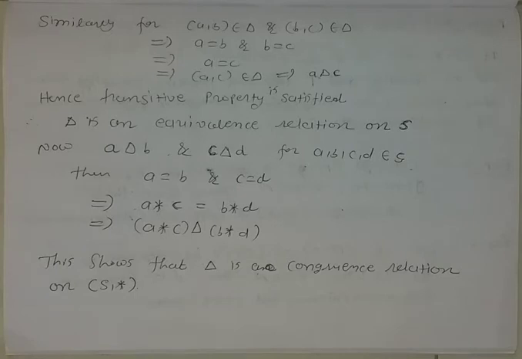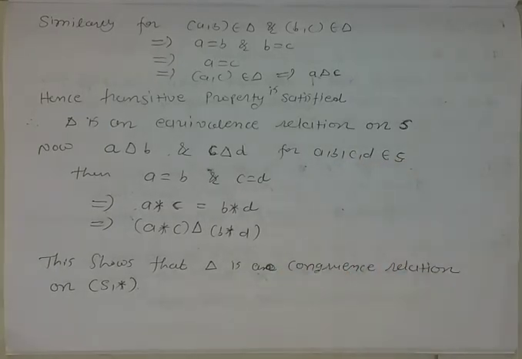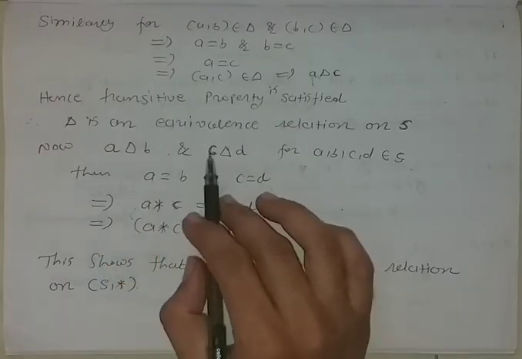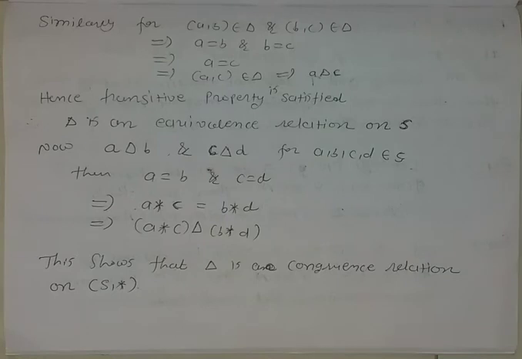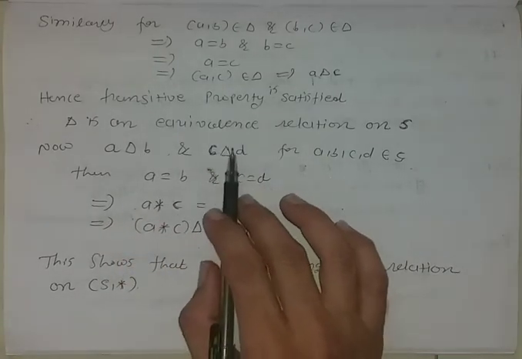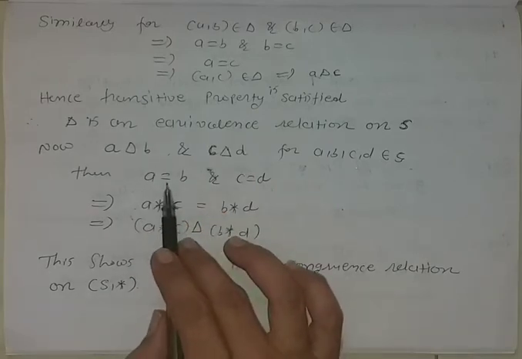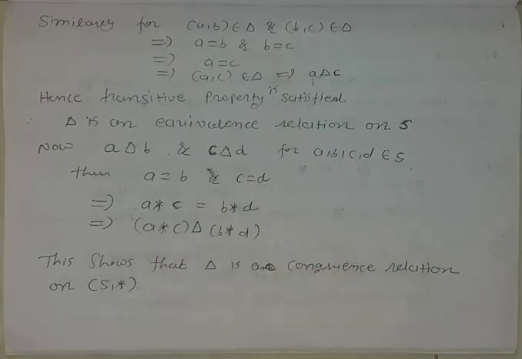Okay. Now consider a, b, c, d belongs to S such that a delta b and c delta d. Okay. That is a is related with b and c is related with d. Okay. This implies that a is equal to b and c is equal to d.